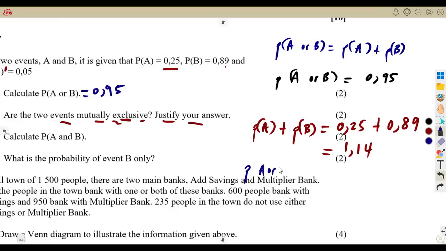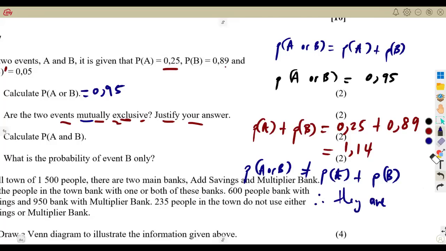The probability of A or B is not equal to the probability of A plus the probability of B. It is not the same. So if it is not the same, therefore they are not mutually exclusive. A and B are not mutually exclusive events, this one.